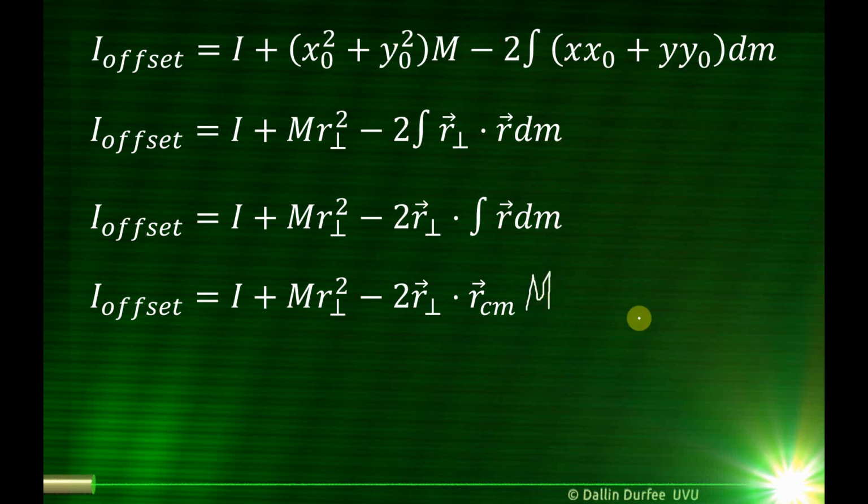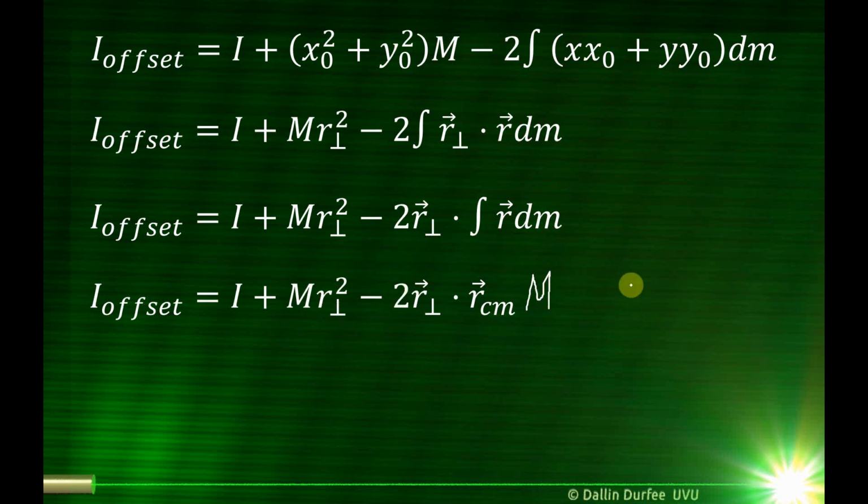There we go. So the moment of inertia about an axis that is offset, in the same direction as our original axis, but offset by an amount r perpendicular, is just the moment of inertia about the original axis plus m times r perpendicular squared minus this thing right here.